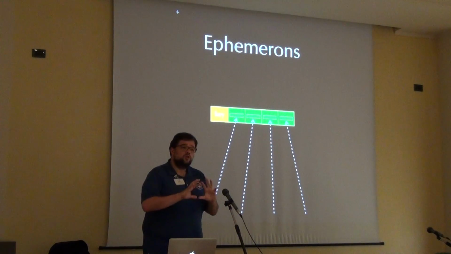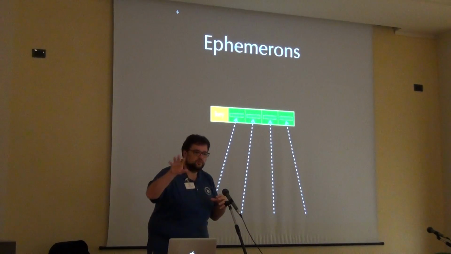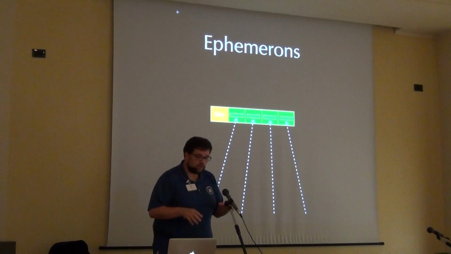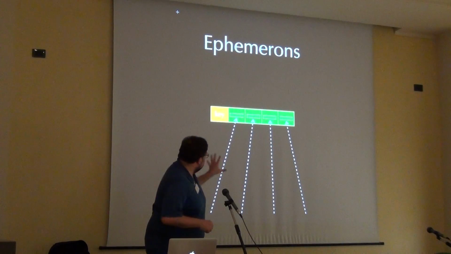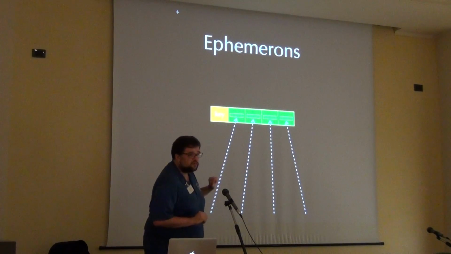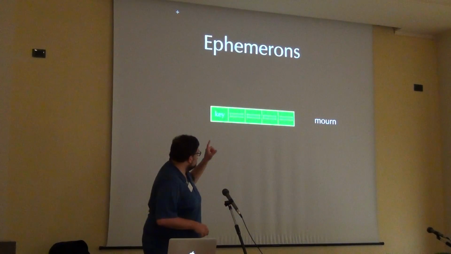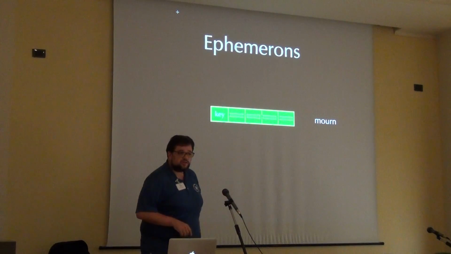Go read the paper, it's kind of complicated and ambiguous at times. But for these purposes, if nobody interesting references the key of the ephemeron, then the ephemeron becomes a regular strong object, and the message mourn gets sent to the ephemeron.